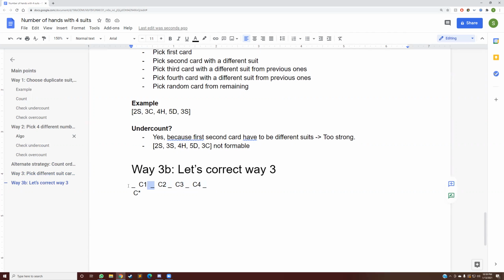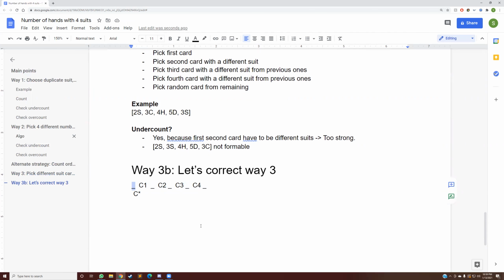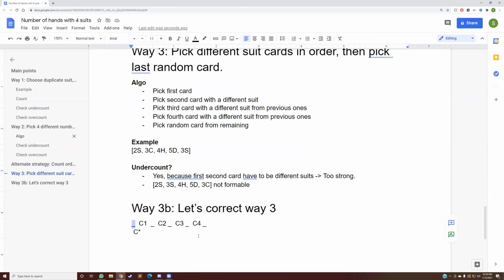Now with this algorithm, it would not be an undercount because any hand that you can give me needs to have the 4 different suits. And then the duplicate suit can be anywhere in one of these 5 spots.